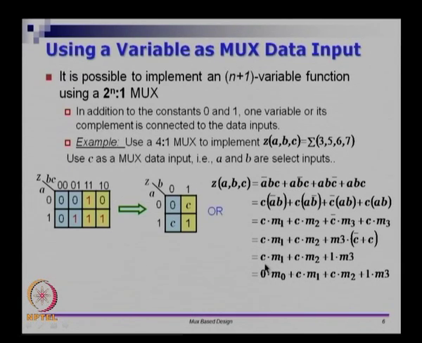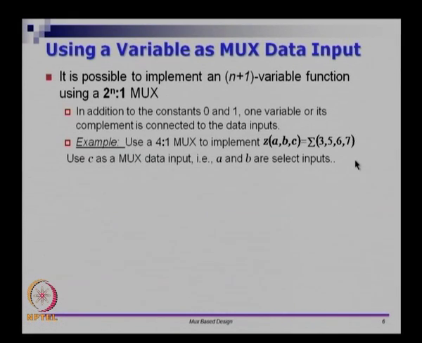So we have the function C and m1, C and m2, 1 and m3, you can rewrite that as 0 and m0, C and m1, C and m2, 1 and m3. Now if you take this and put it into a 4 to 1 MUX, your A and B will be the inputs to the select lines, and the 4 input bits should contain 0, C, C and 1.